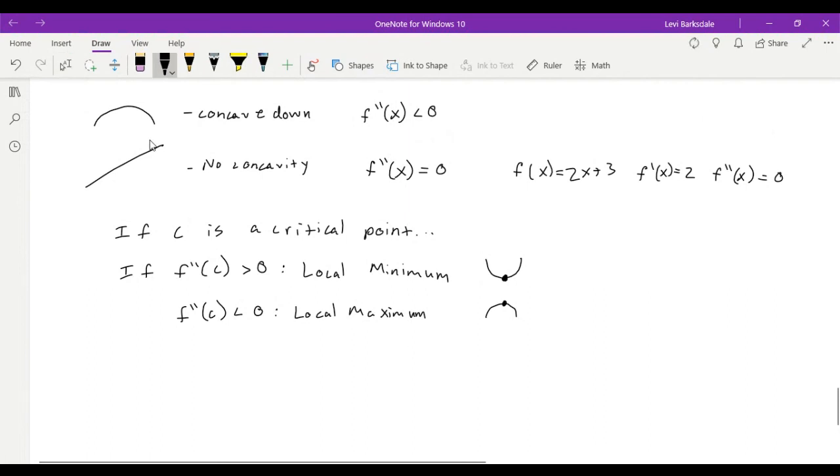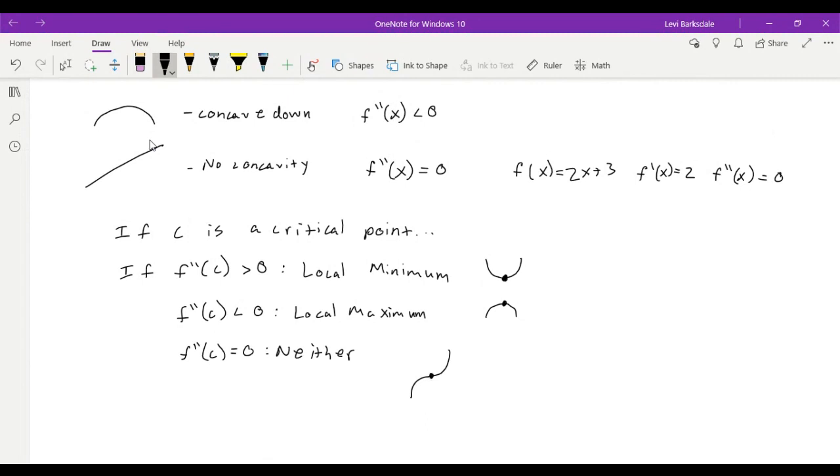One important thing to notice is we can have 0 concavity on a linear function like this, or where a function switches from concave up to concave down, like the x cubed function, for example. We've got something that goes like this.